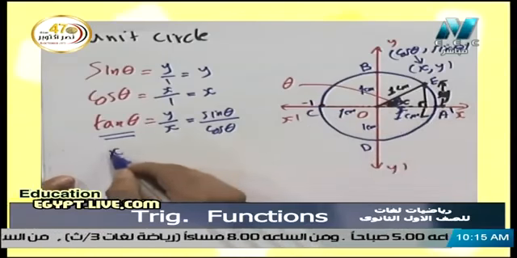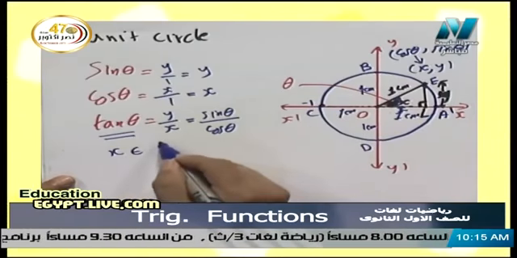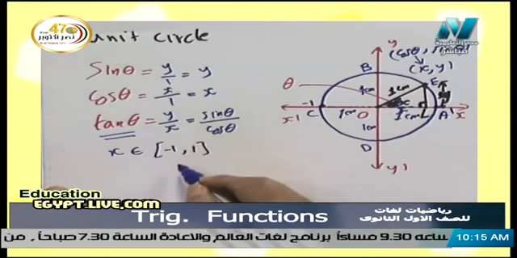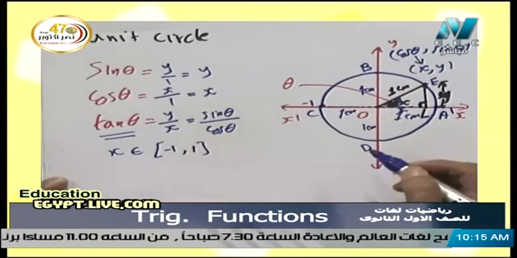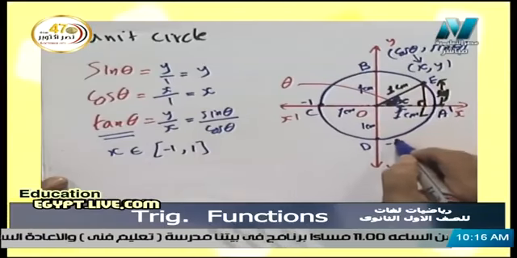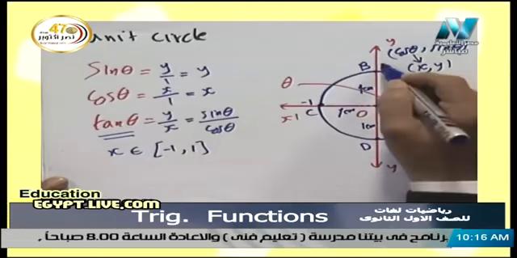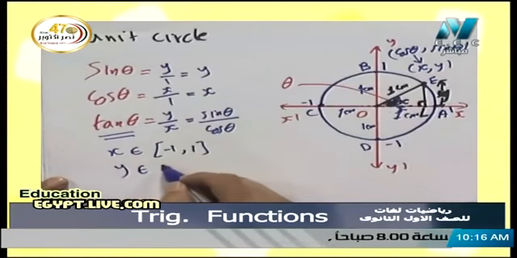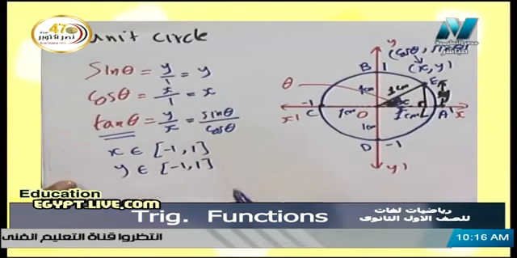So x belongs to the closed interval [-1, 1]. And what is y? Y moves from here, which is -1, to here, which is 1. So y also belongs to the closed interval [-1, 1].